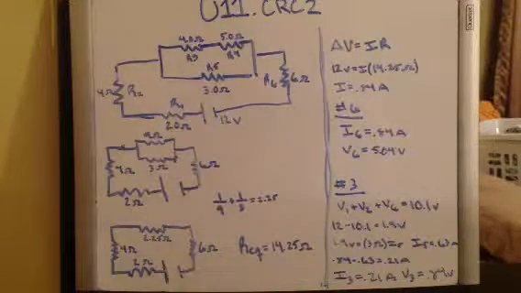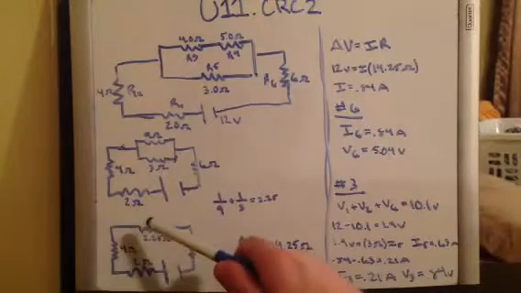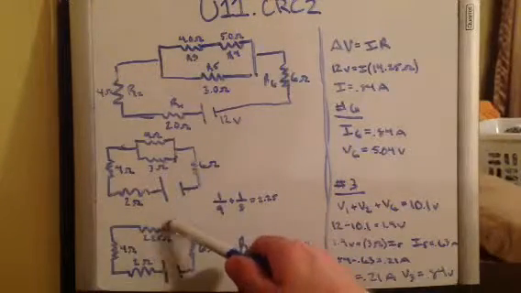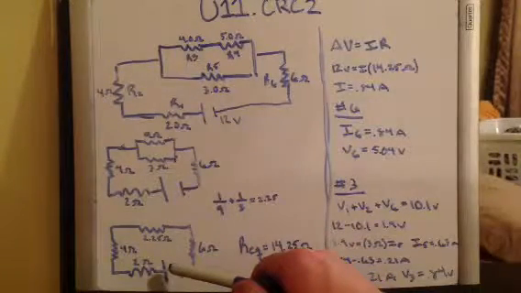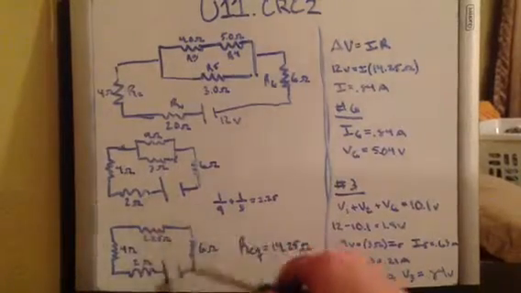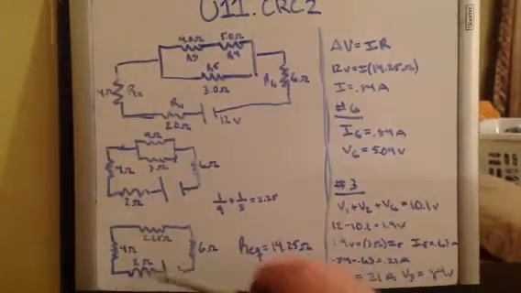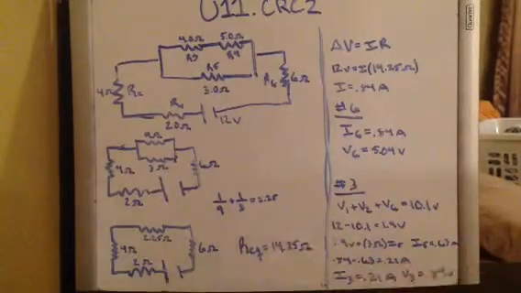And we know that the equivalent resistance of all these is 14.25, and we know that the voltage for all these resistors is 12 volts.